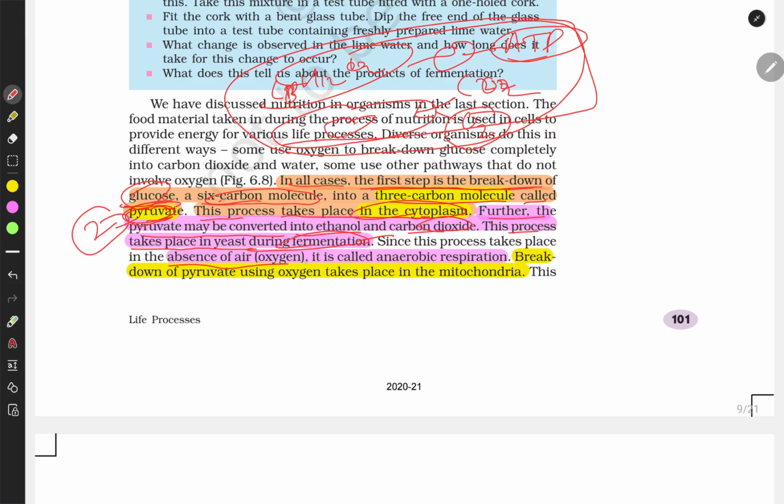This process takes place in yeast during fermentation. In the absence of oxygen, it is called anaerobic respiration, where there is no oxygen for this process of making energy. And the breaking down of pyruvate using oxygen takes place in the mitochondria, and when there is oxygen, this is called aerobic respiration.